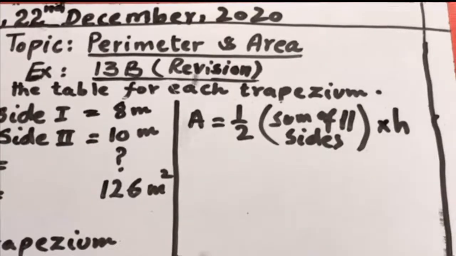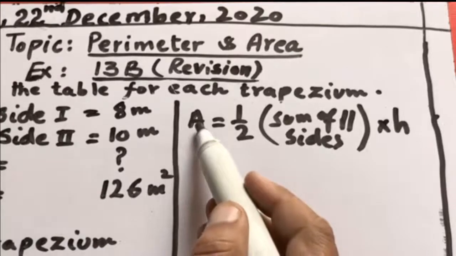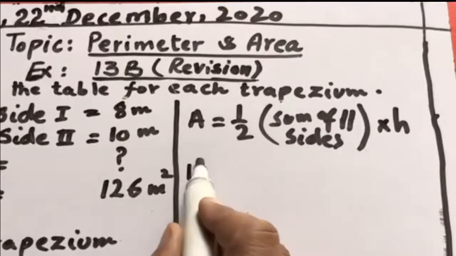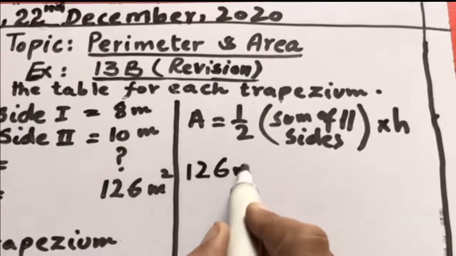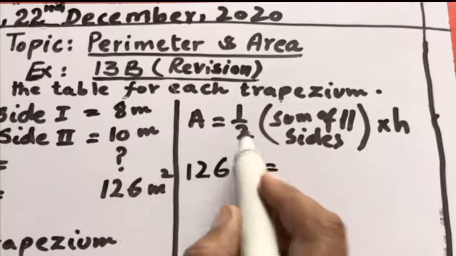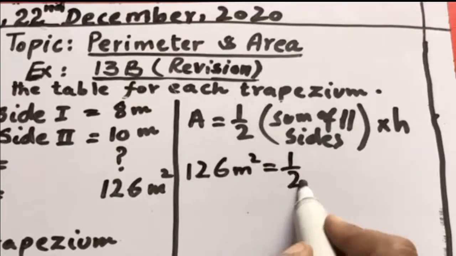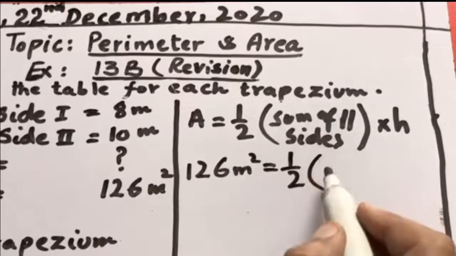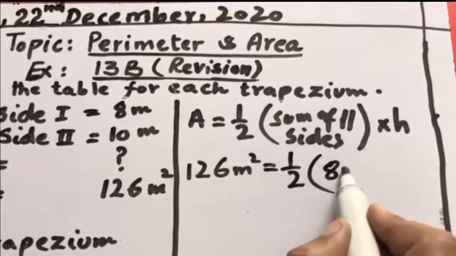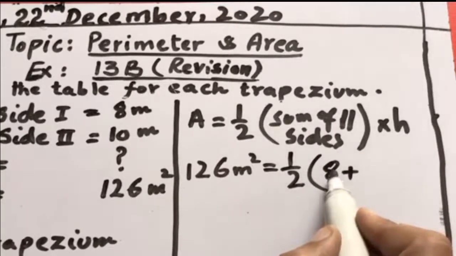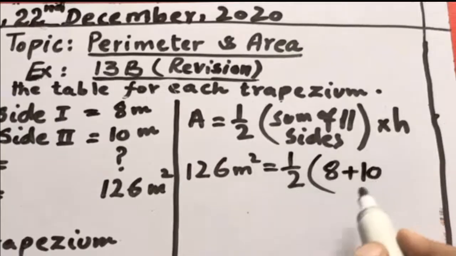So by putting the values, the area of the trapezium is given, which is 126 meter square, with the constant value 1 over 2 as it is, and the sum of sides: 8 is the first parallel side and 10 is the second parallel side.